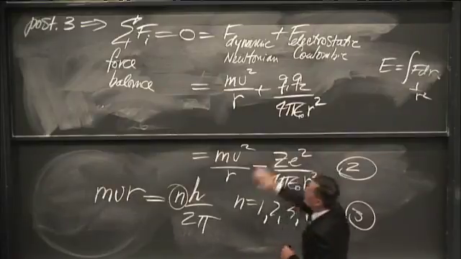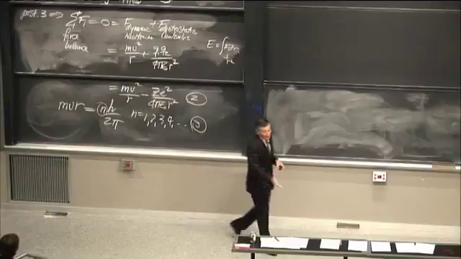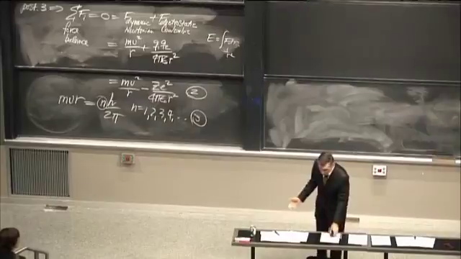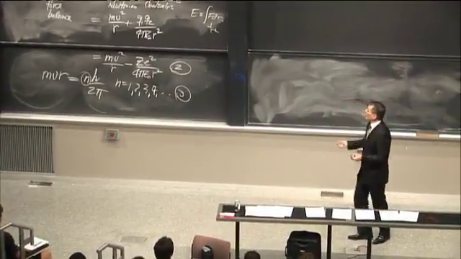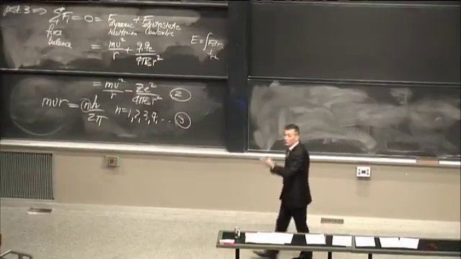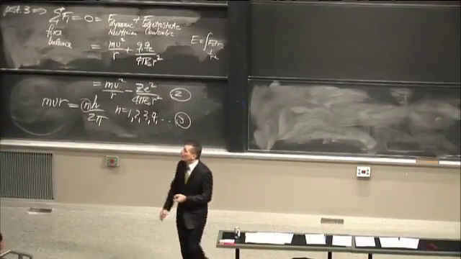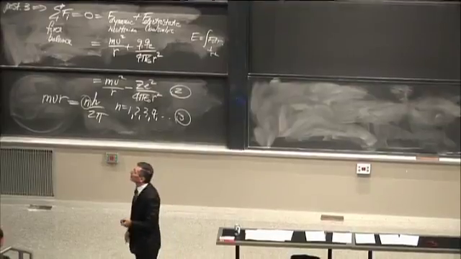Now I have 3 equations and 3 unknowns, and what I'm going to do next day is come back and show you the solution of the equations and how they give us a set of equations that allow us to compare with data.